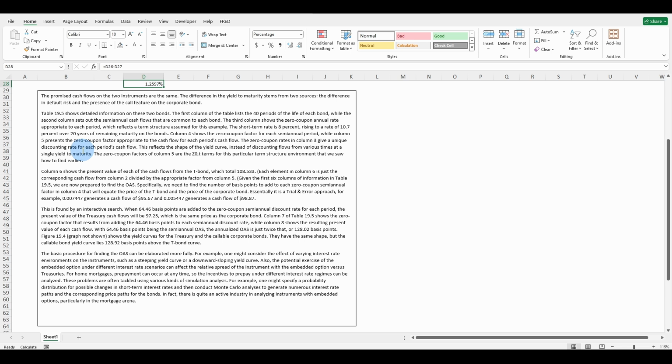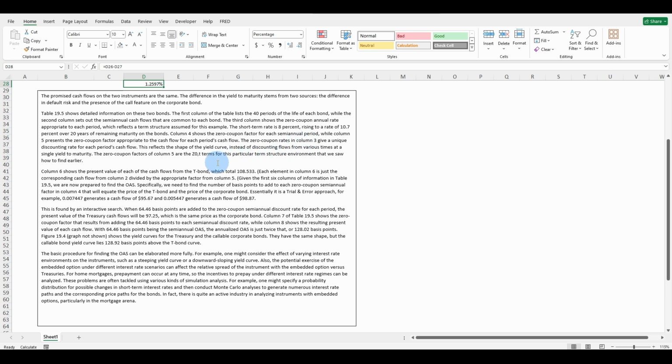The third column shows the zero coupon annual rate appropriate to each period, which reflects a term structure assumed for this example. The short-term rate is 8%, rising to a rate of 10.7% over 20 years of remaining maturity on the bonds.